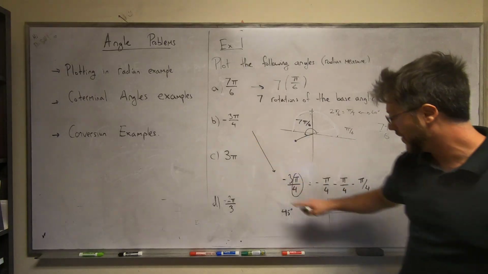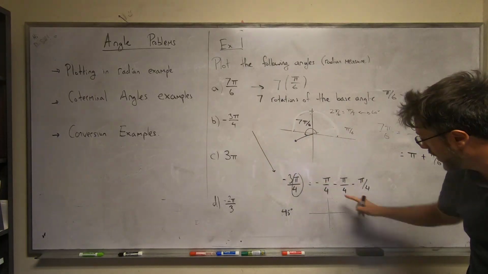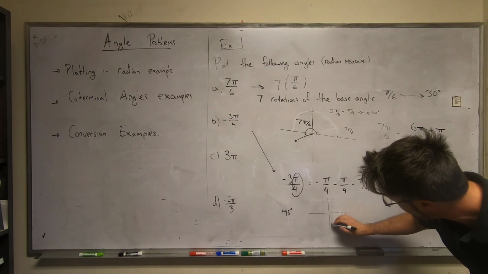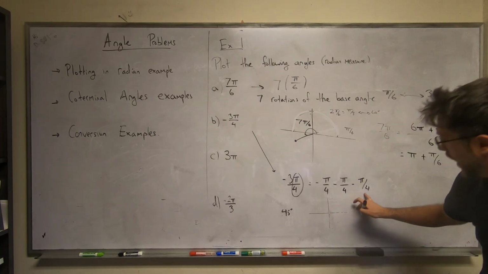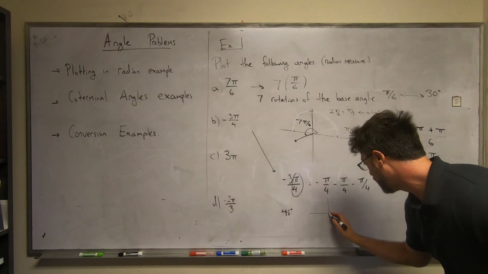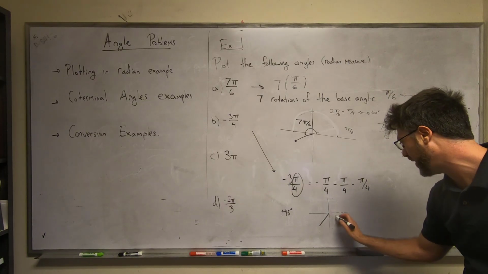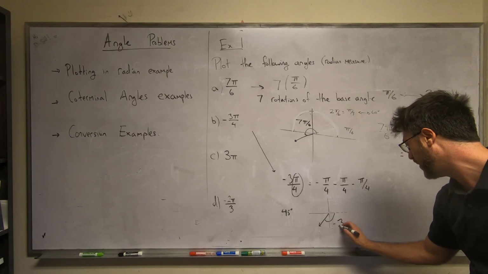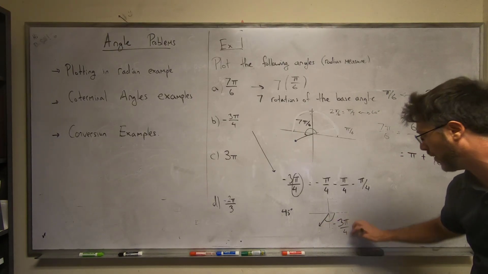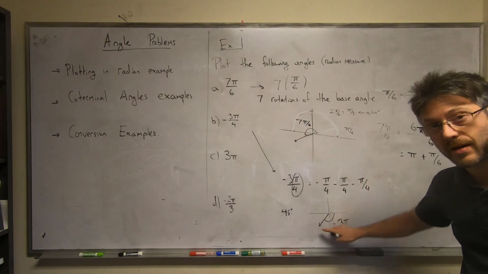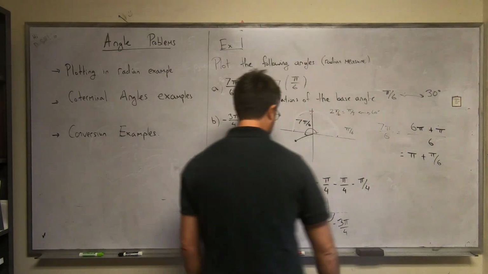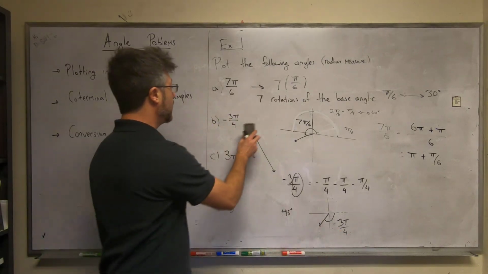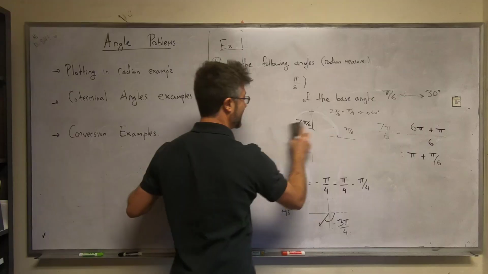So to rotate backwards 3 pi over 4 is to first go 1 copy of 45, and then a second copy would bring you here, and then the third rotation would swing you back through that main diagonal, and that is the angle rotation of negative 3 pi over 4. 45, a 45, and 1 more 45 twist in the clockwise progression. All right, so then moving on to part C.